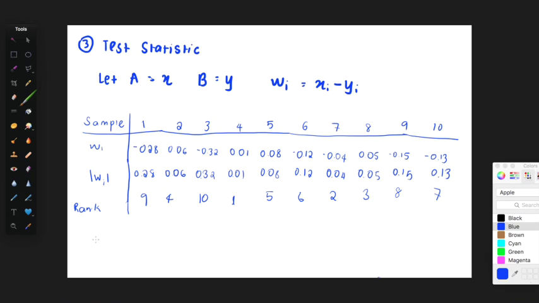Okay, so then once we have those ranks, the second thing to do in the test statistic is then to calculate that R plus and R negative. So R plus is going to be the ranks with the positive, so that's positive, positive, positive, and positive. So I'm looking at those, the corresponding WI.